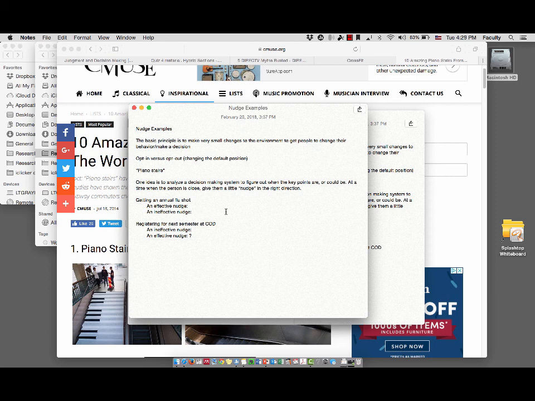One last example, because I actually haven't figured out the solution yet, but the College of DuPage tries to get students to register early. And so last semester, they put out a bunch of signs in the parking lot trying to encourage people to register. That's going to have no effect whatsoever, right? That's not a nudge. That's at the wrong time.